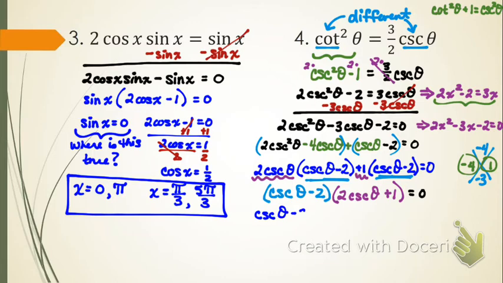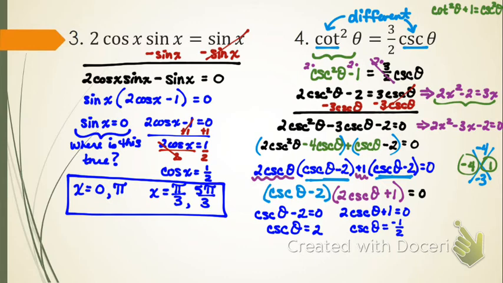Cosecant theta minus 2 equals 0. So cosecant theta equals what? 2. For the other one, 2 cosecant theta plus 1 equals 0, so cosecant theta equals -1/2.